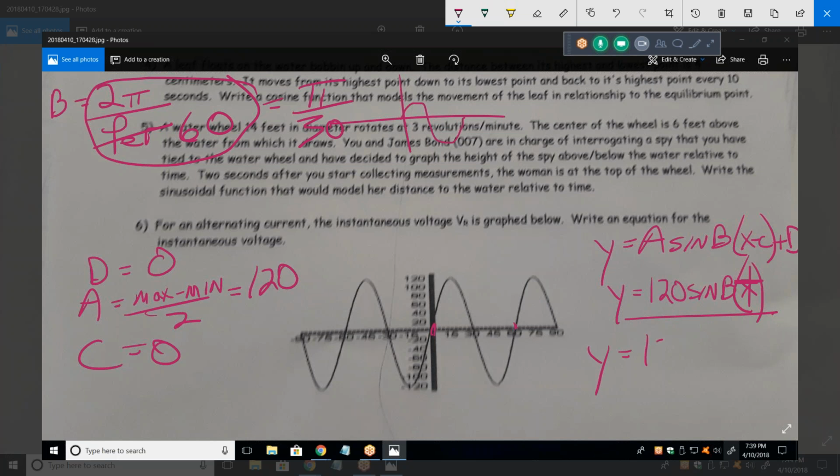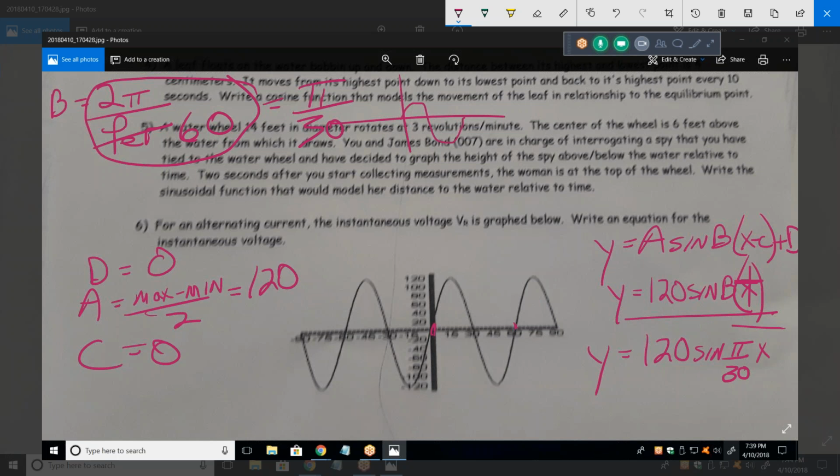We have A, we have B, and it doesn't really matter whether we use a T or an X. We'll use an X just because they didn't tell us it was T. But just understand that X is frequently, 90% of the time, a measurement of time.